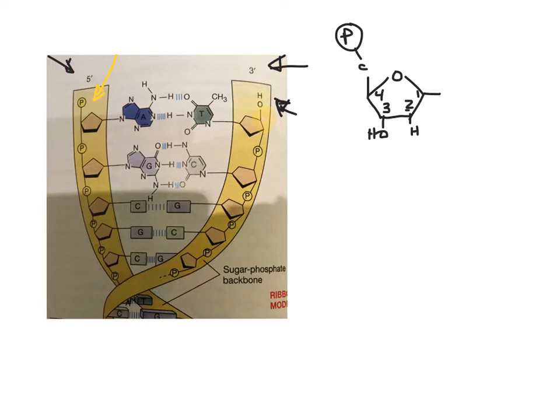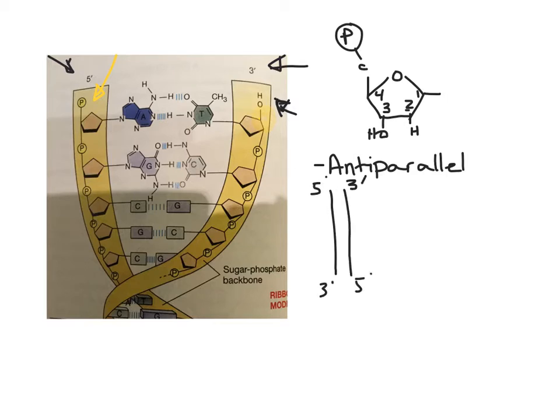And so what happens is it's called anti-parallel when you start looking at DNA structures, because one strand will be 5' to 3', and then the other complementary strand will be 3' to 5'.